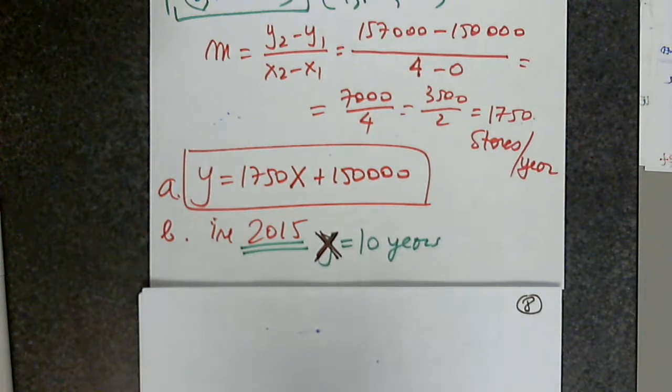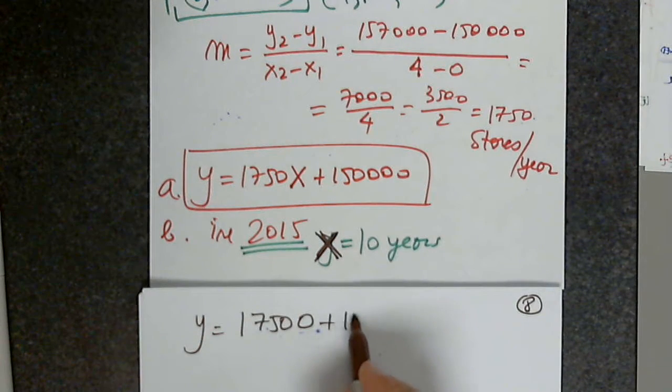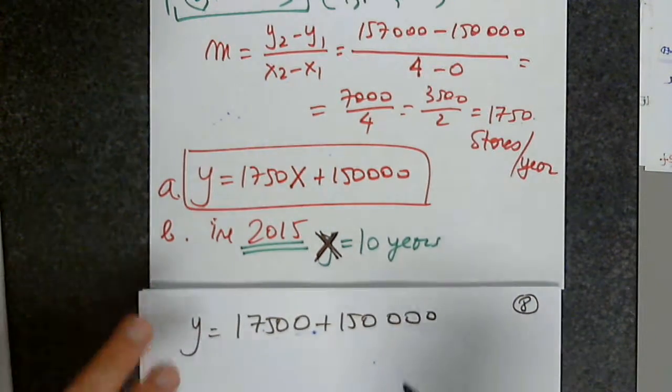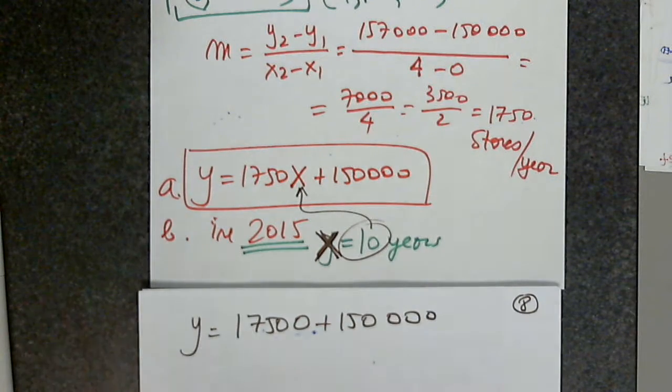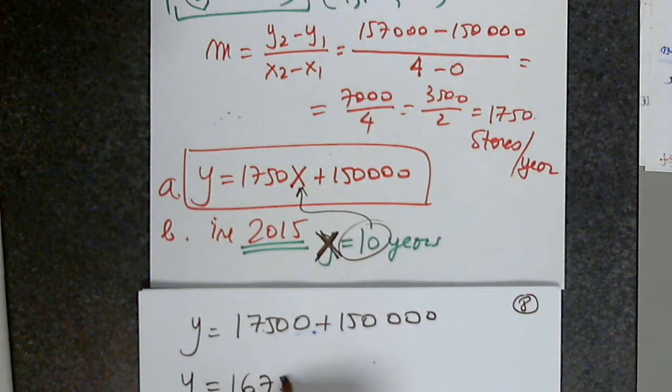So then y will be 17,500 plus 150,000. All I have to do is replace x by 10, of course. Sorry about the confusion. So what do I get? I get 167,500?